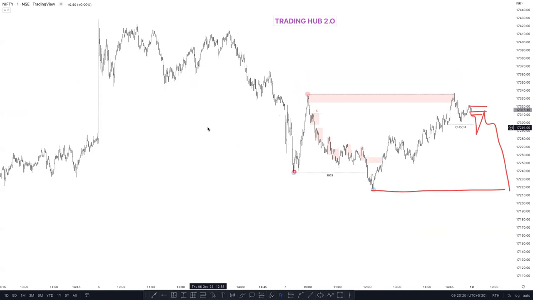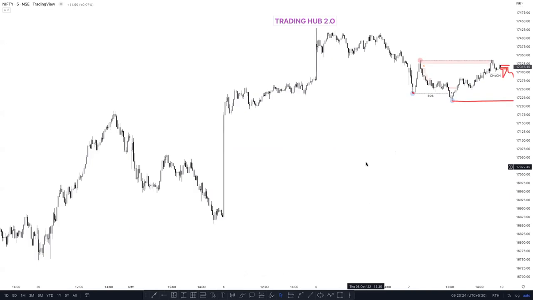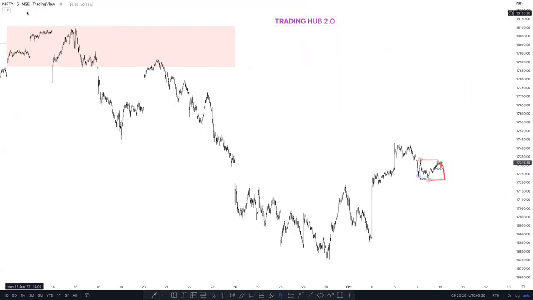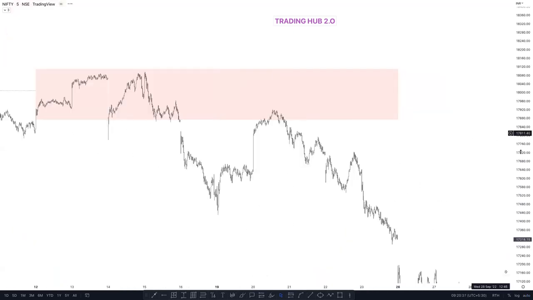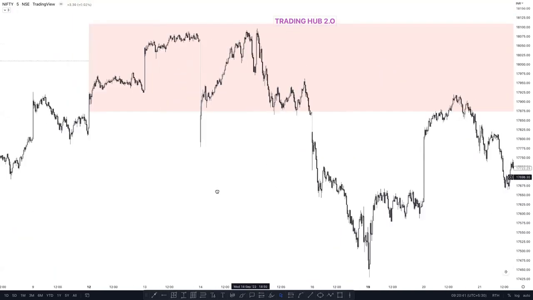So if I explain here, like a 5 minute structure. We can see the market pushes drop top to bottom, and bottom to top is rising here. So if I mark the structure here first of all, then we can understand better and it will be clearer to you.